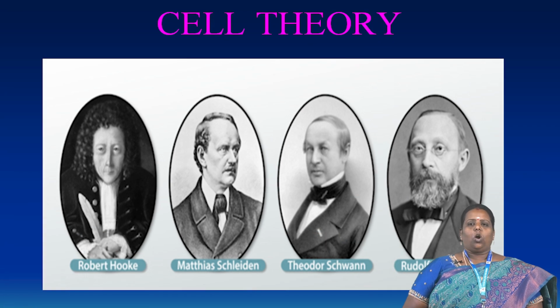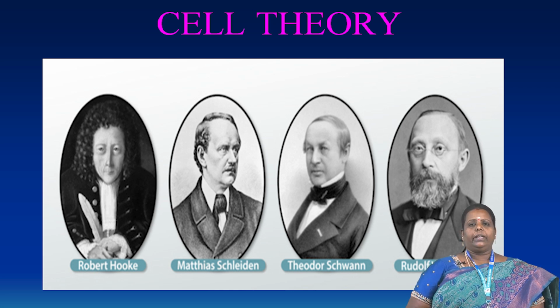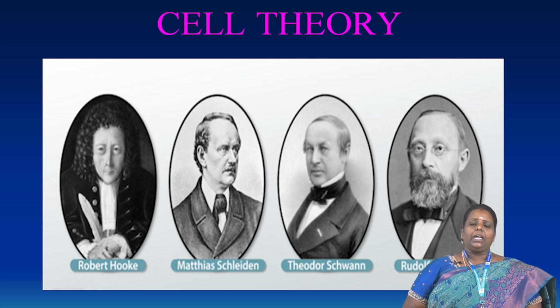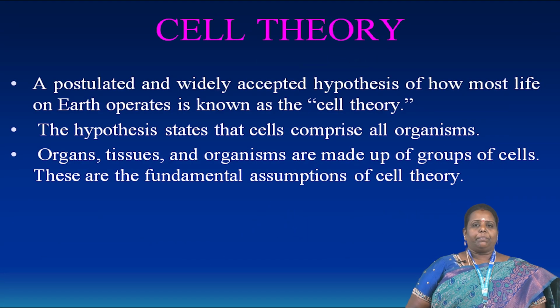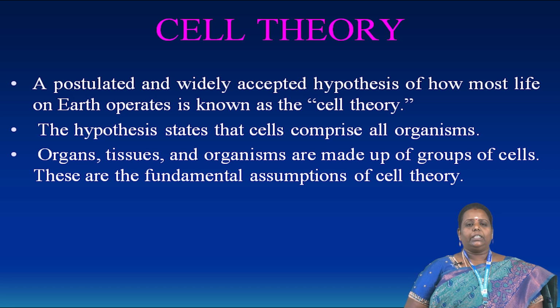The scientists Robert Hooke, these are the scientists' photos, Matthias Schleiden, Theodor Schwann and Rudolf Virchow. These scientists played a very important part in the identification of the cell. After the cell theory and the identification of cells, we could identify so many diseases, and in future medicine, everything is based on these scientists' participation. It is a widely accepted hypothesis that most of the earth operates this way; it is known as cell theory.